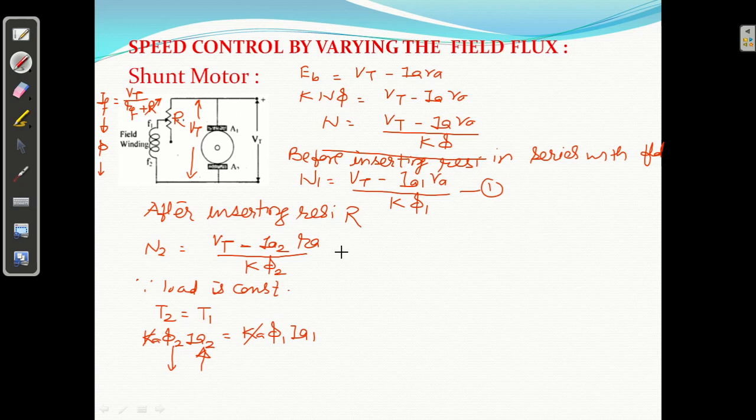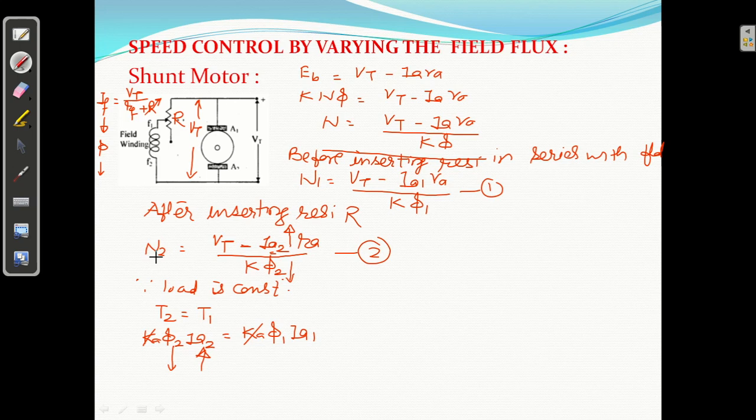Now see equations number 2 and 1. If you compare, when you insert the resistance in the field circuit, Ia2 will increase. So VT minus Ia2 Ra will decrease, and speed will decrease. But phi 2 is also decreasing, and when this decreases, speed will increase.